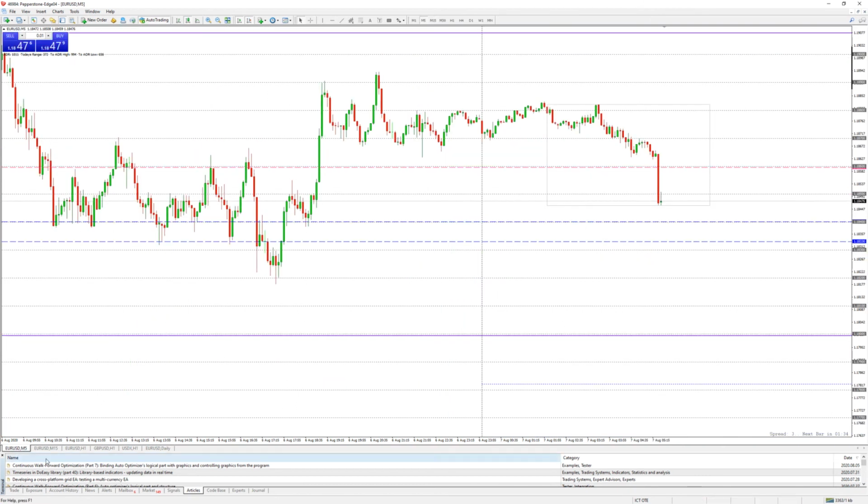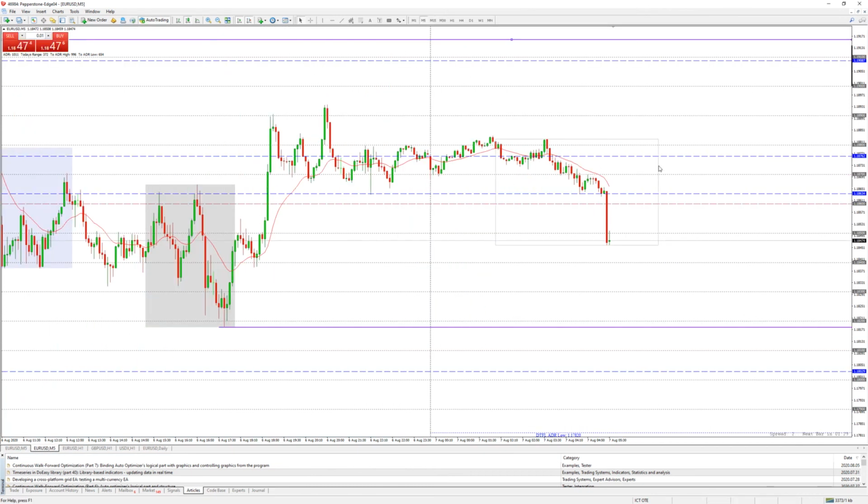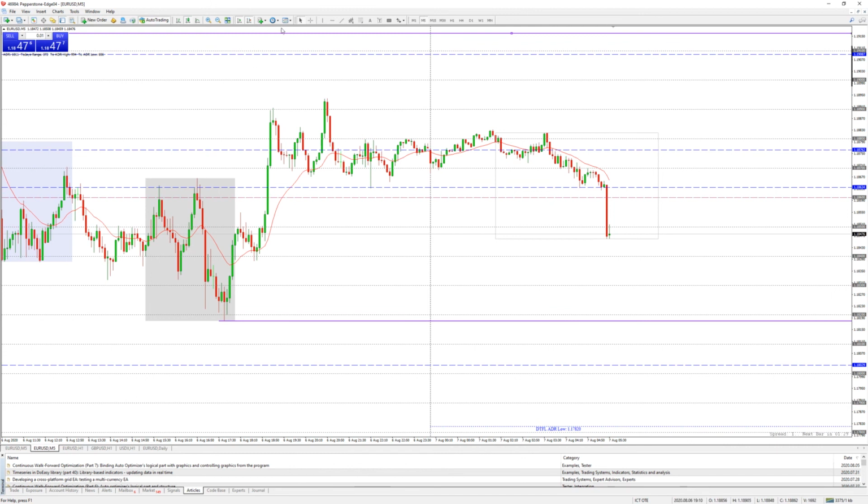So in this case, if you have gone to the 5 minutes, on the 5 minute, price did not even stop at that level at all. So you definitely wouldn't have wanted to take a buy there, right?